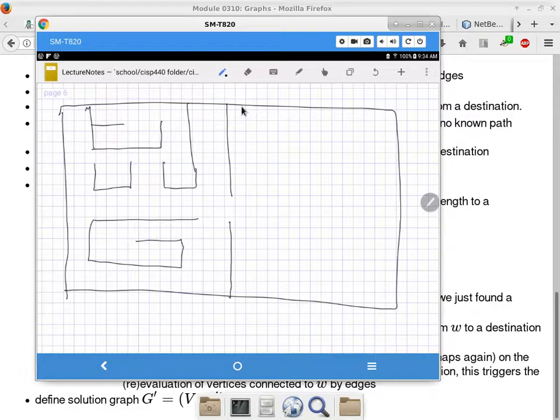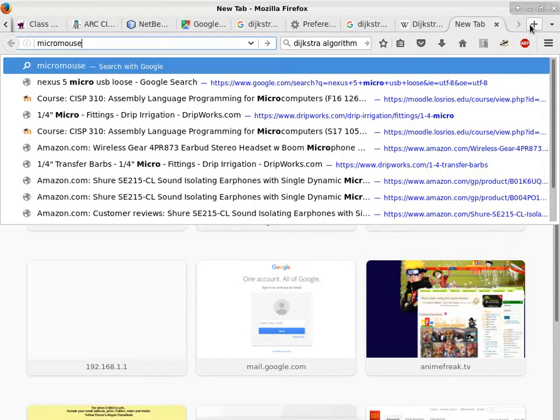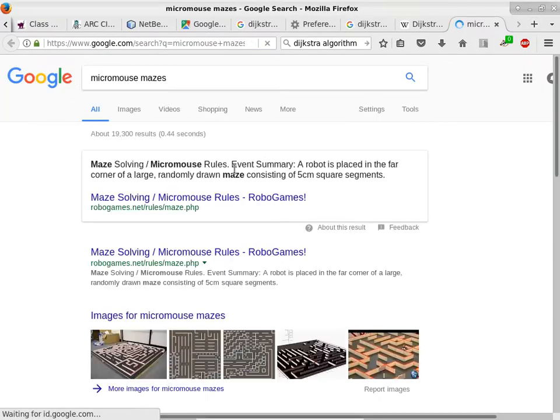I can actually dig up what we call micro mouse mazes. This is kind of interesting too. Micro mouse is a robotic competition where student teams make autonomous, fully self-contained robots, and they put them into these mazes.